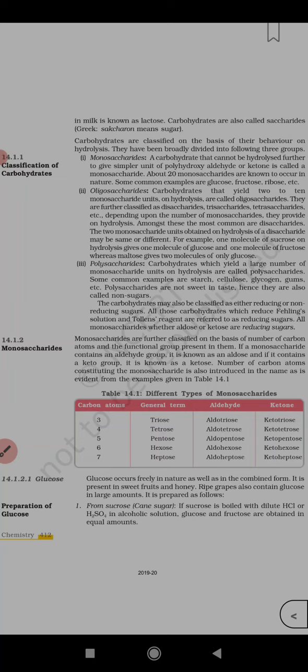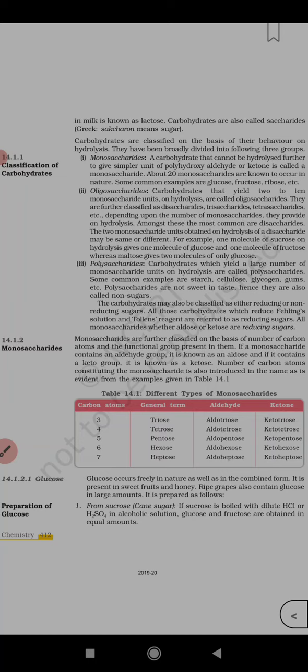Glucose reacts with hydroxylamine to form an oxime, and adds a molecule of hydrogen cyanide to form cyanohydrin.